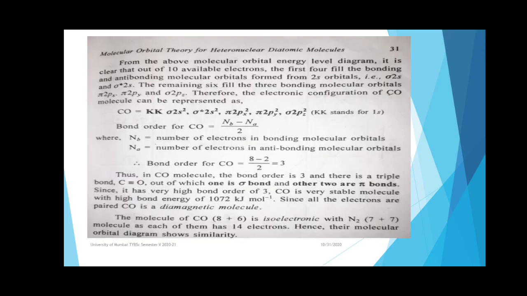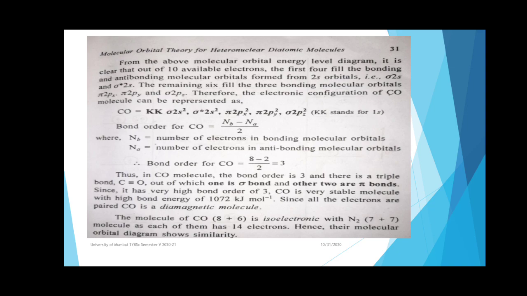If you go through that diagram, you can observe from the molecular orbital energy level diagram that out of 10 electrons, the first 4 fill the bonding and anti-bonding molecular orbitals formed from the 2s orbitals, that is sigma 2s and sigma star 2s.